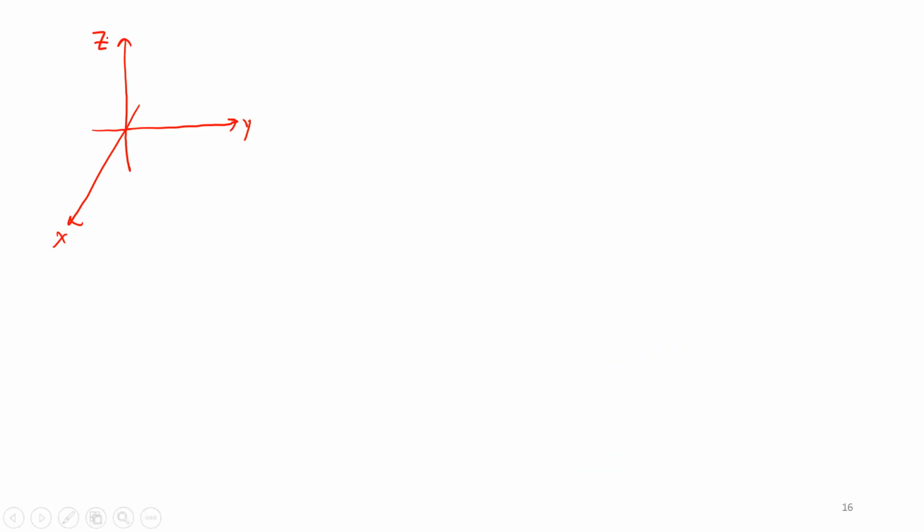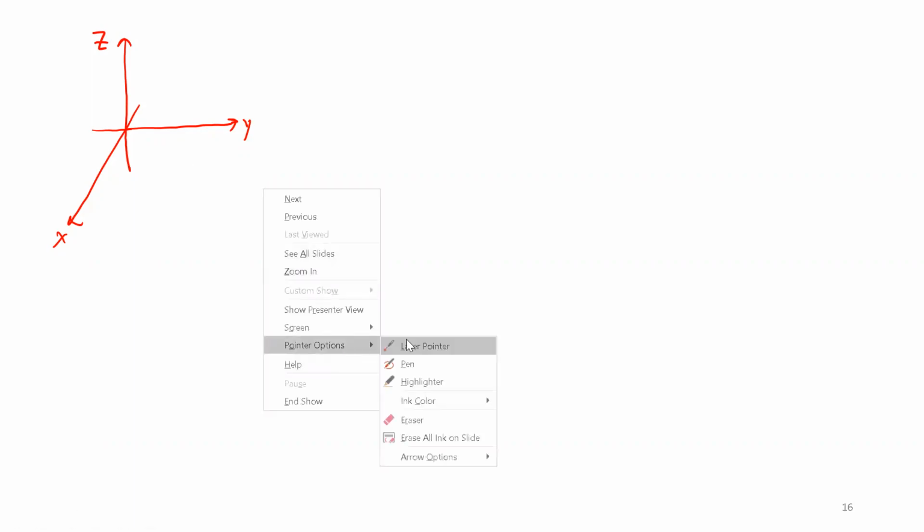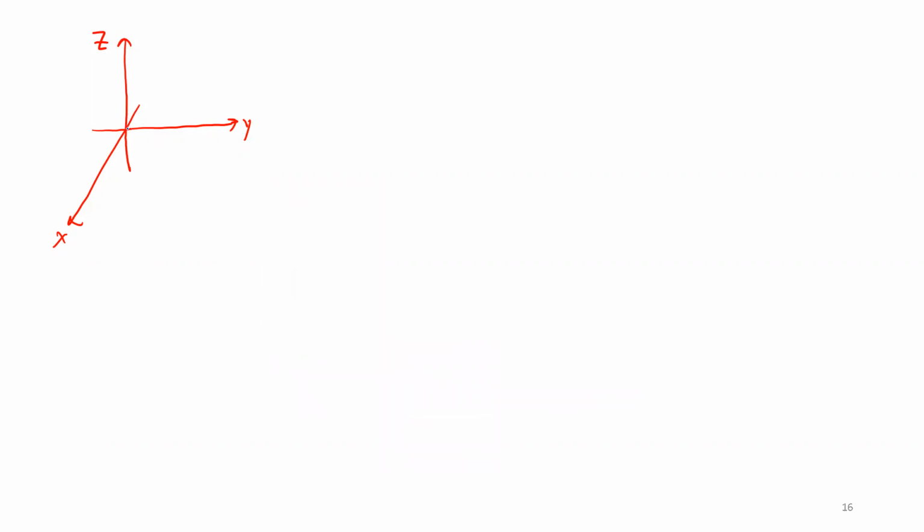The two eigenvectors that we have from the last slide: one of them is like this, my minus 1, 1, 0.